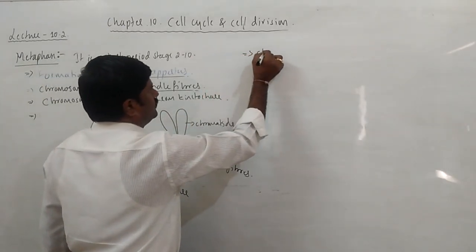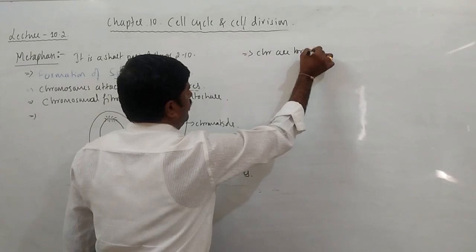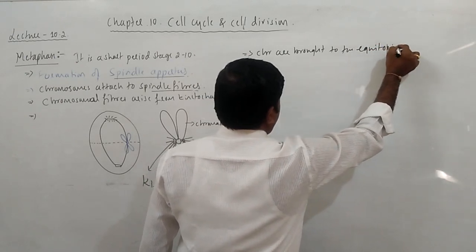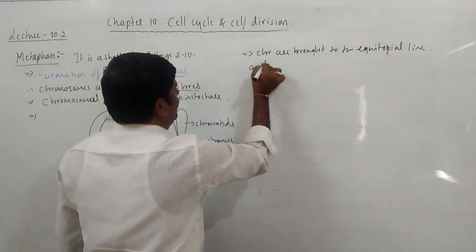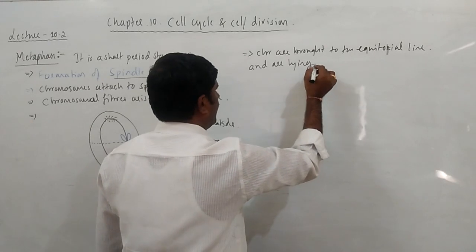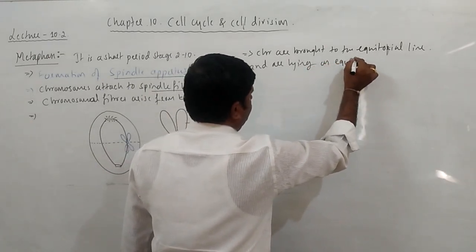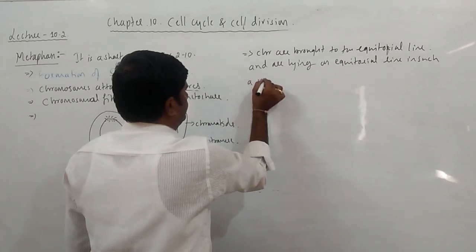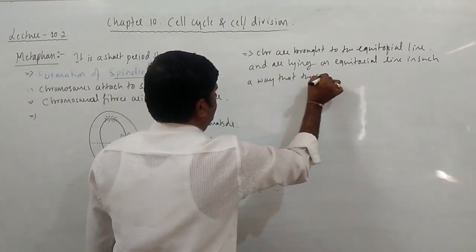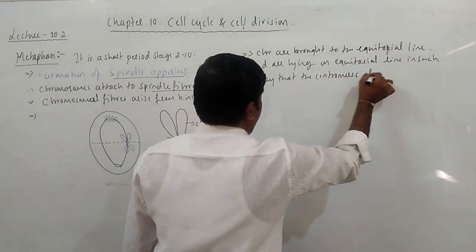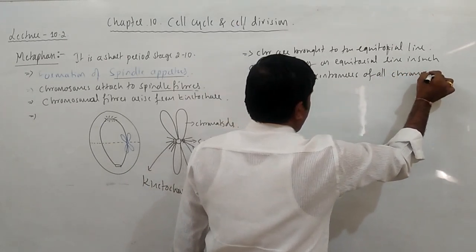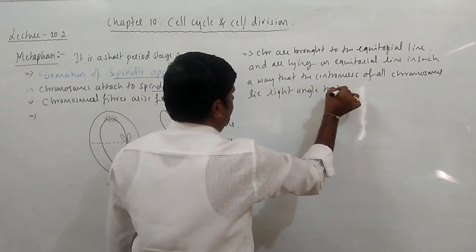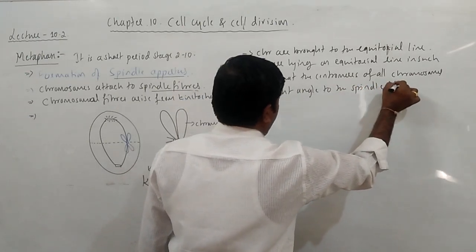See here, chromosomes are brought to the equatorial line in such a way that the centromeres of all chromosomes lie at right angles to the spindle fibers.